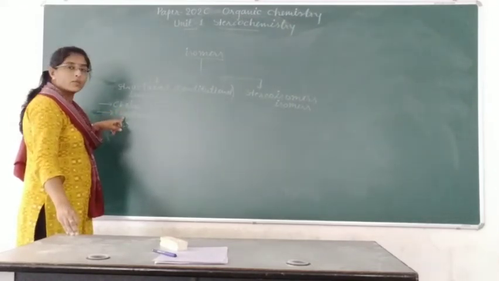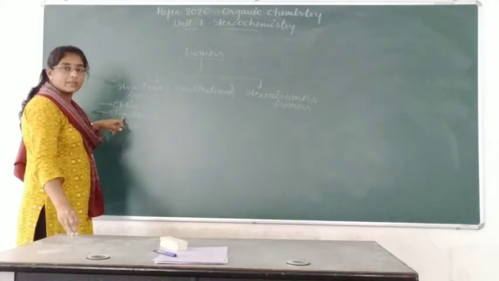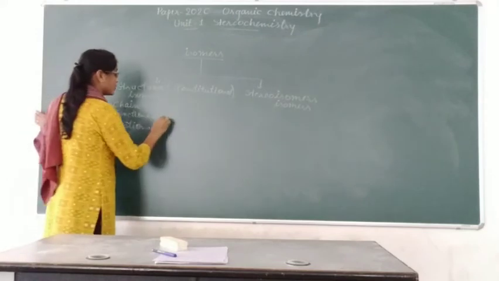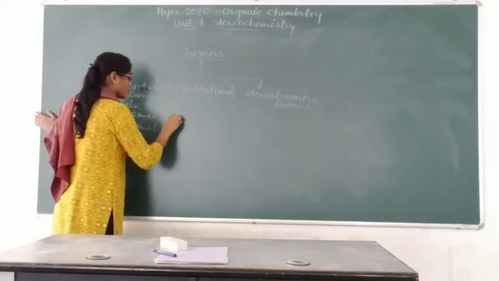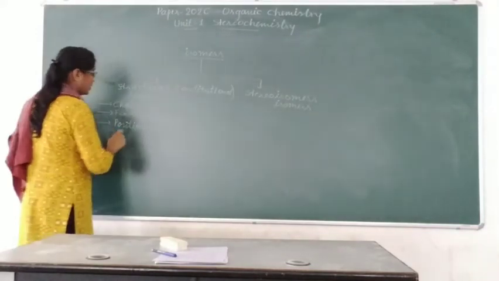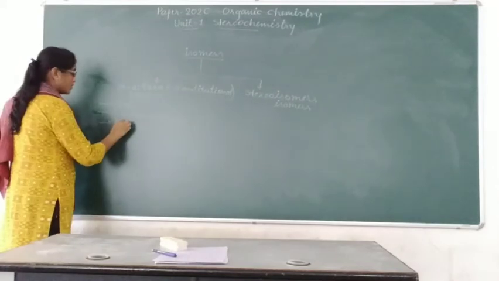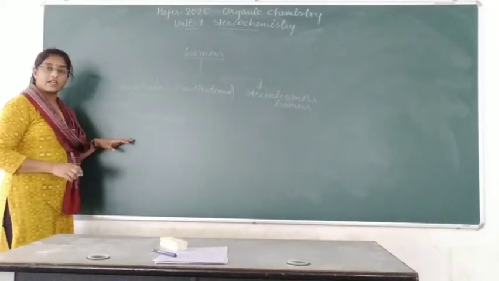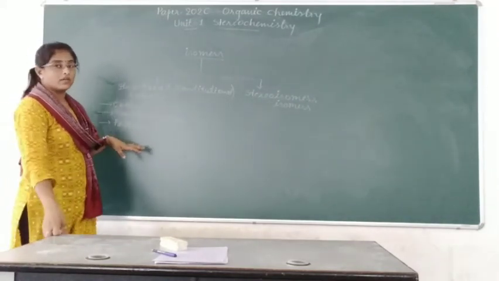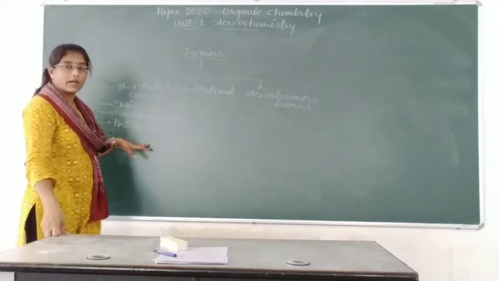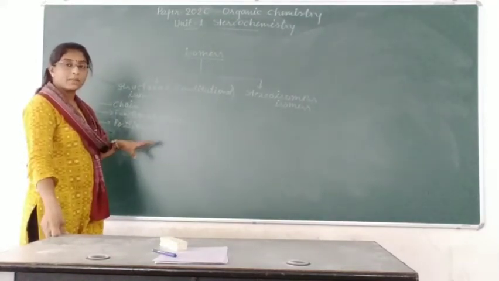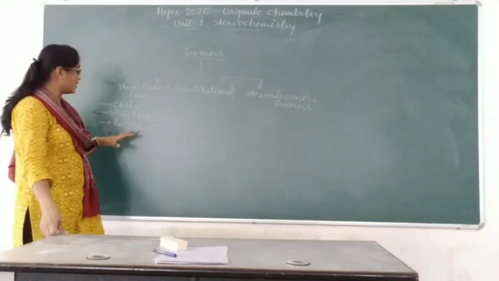In functional group isomers, same molecular formula but different functional groups. In positional isomers, there is the same molecular formula for both the isomers, but the difference is only in position.